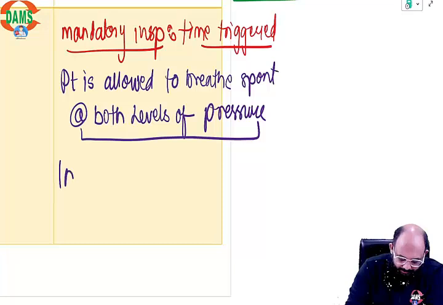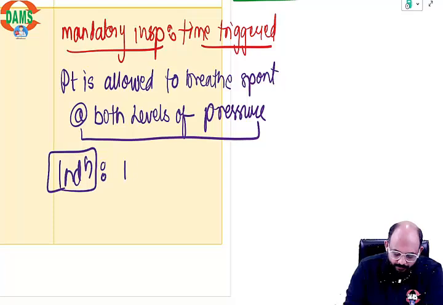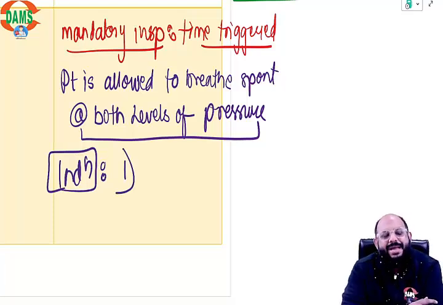If you talk about indications of APRV, then anywhere where you have a compliance problem, there APRV is a good mode of ventilation.